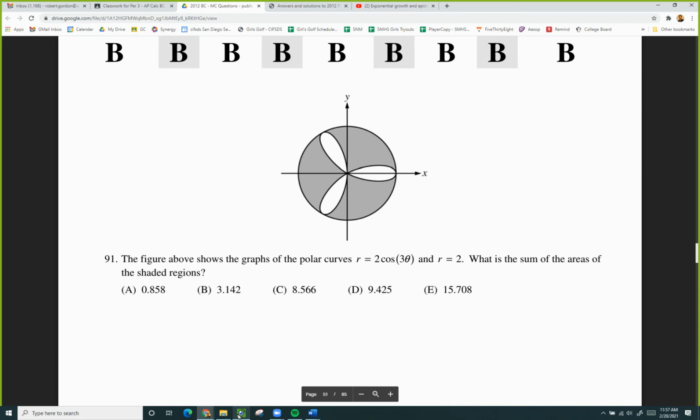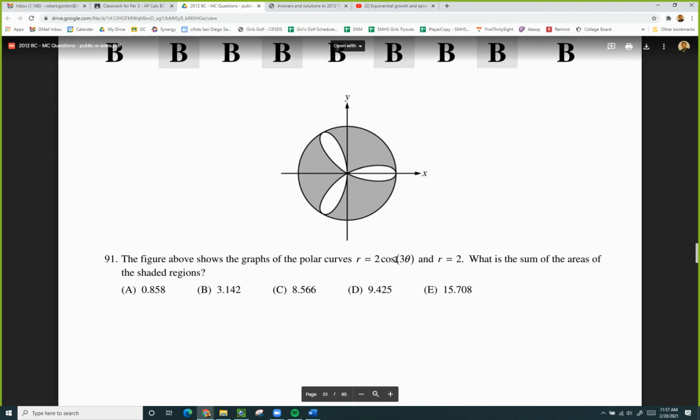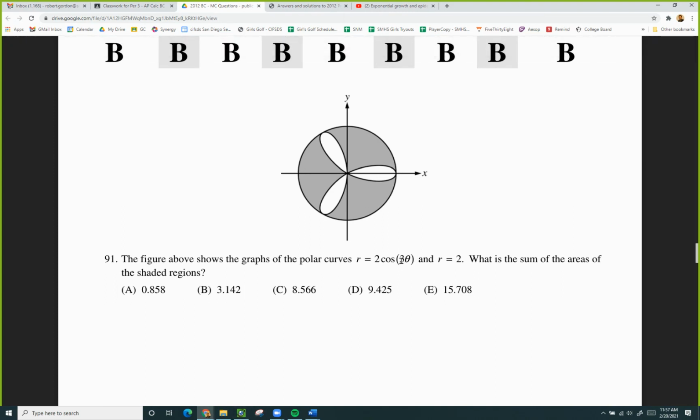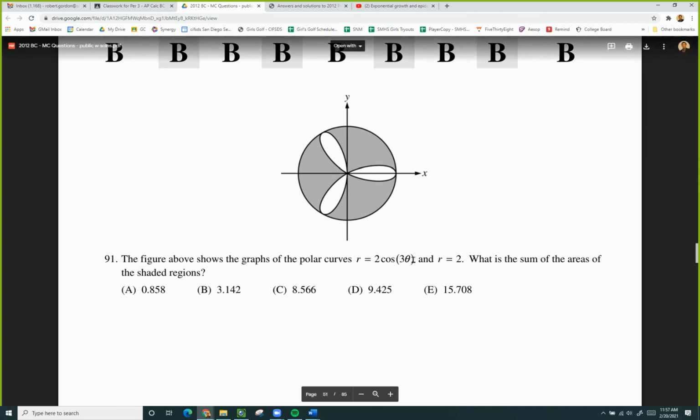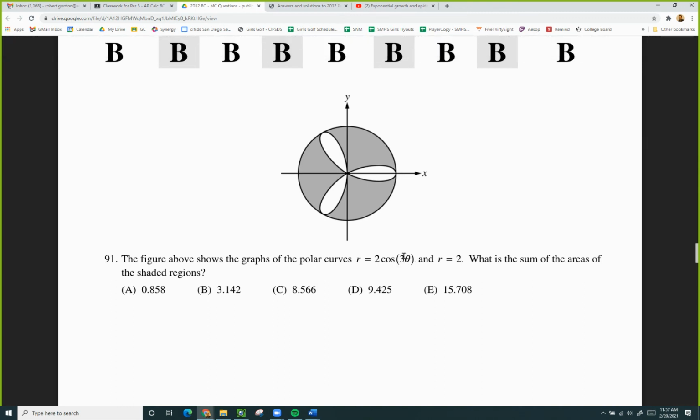So what happens when you plug in θ = 0? You get cosine of 0, which is 1, and 1 times 2 is 2. So this curve starts right here. Actually, let's plug in π/3. 3 times π/3 is π.